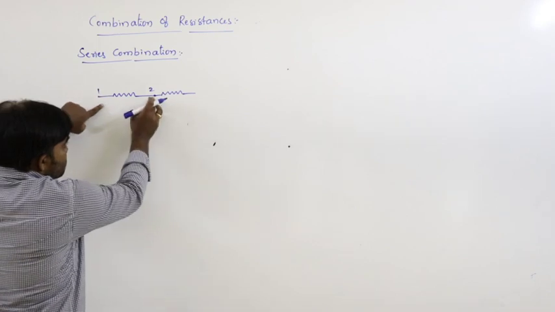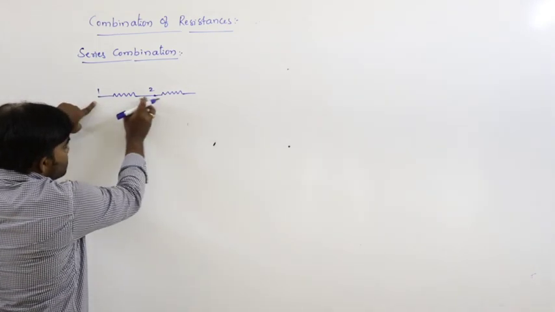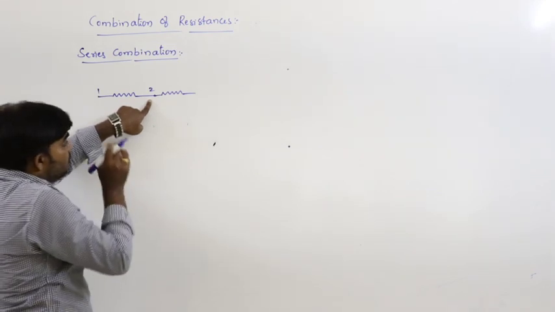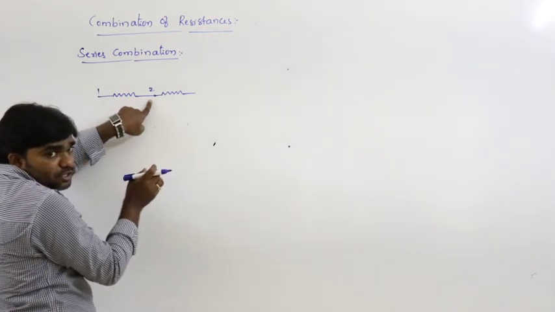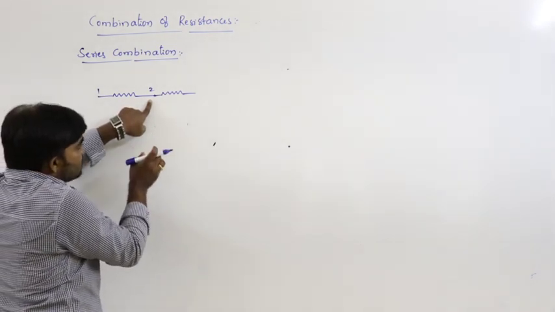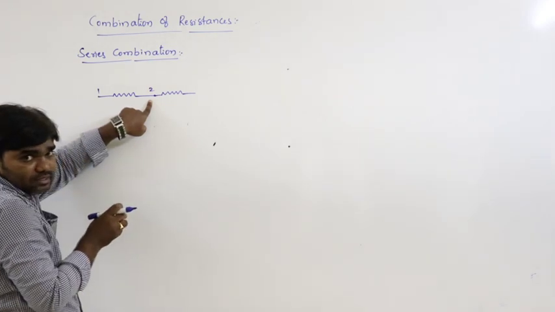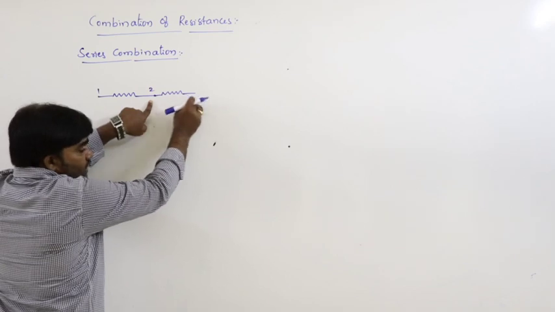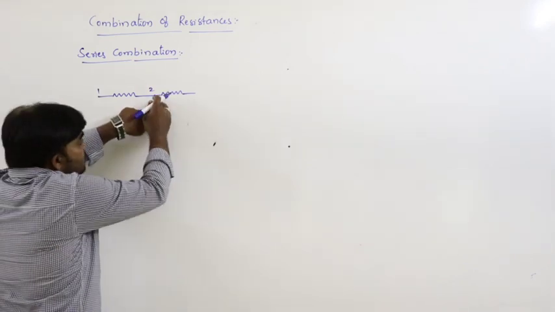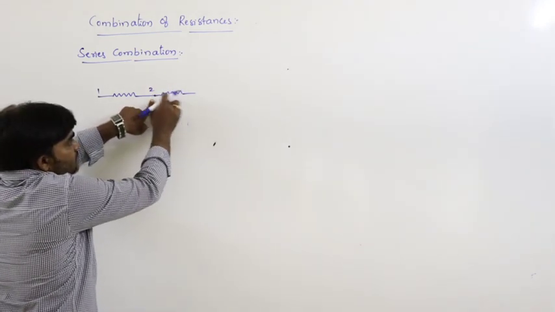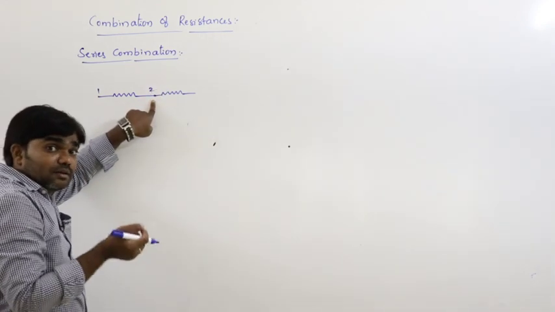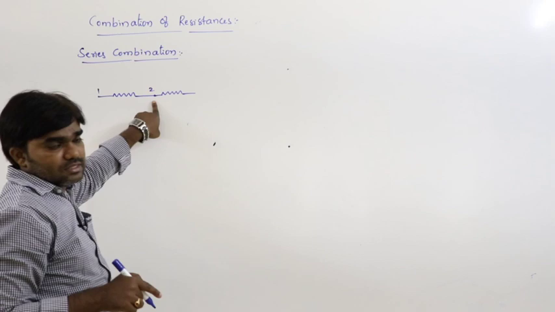So this is the first resistor, first terminal, second terminal, first terminal, second terminal. If we connect this in series combination, the second resistance must start from the second terminal of the first resistance.